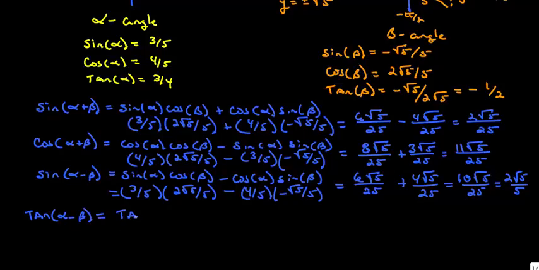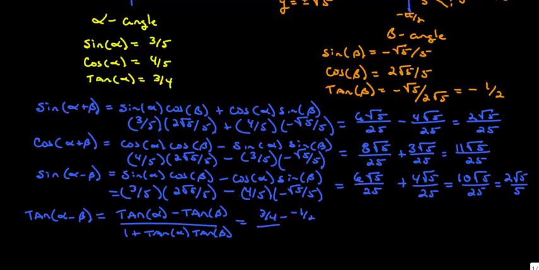So this is going to be the tangent of alpha minus the tangent of beta over 1 plus the tangent of alpha tangent beta. Let's just make sure we got that written down right. And that looks good.